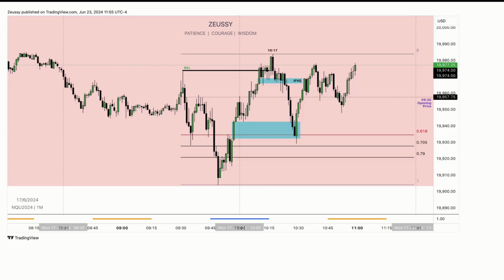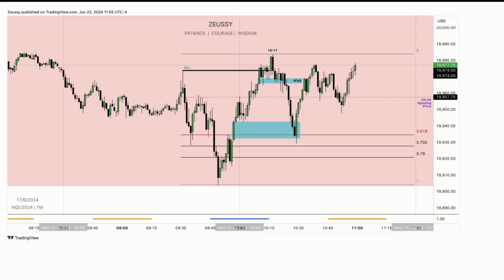Internal range liquidity being the liquidity that is resting below this low right here, inside this BC. Why? Because this is the range we're working in, from this low to this high. And because we're working inside that range, all the key lows that formed inside that range are sell side liquidity targets that we could target. Sell side liquidity was resting below this low, below this low.